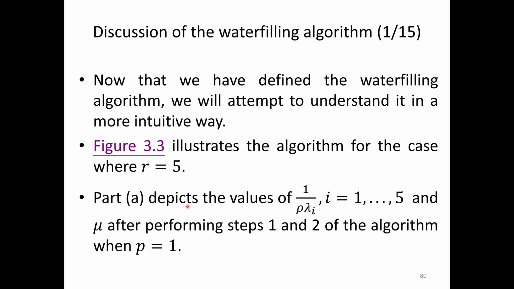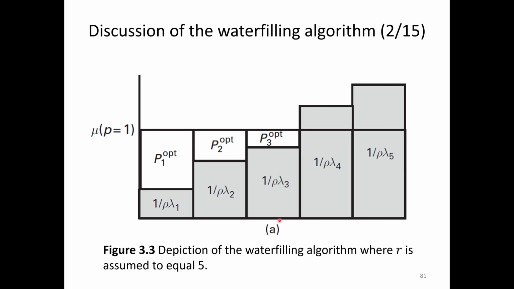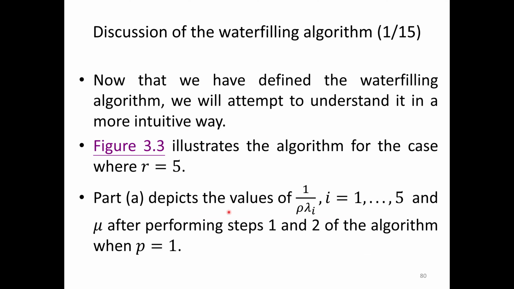Part A depicts the values of 1 over rho times lambda_i, where i is equal to 1 to 5, and mu after performing steps 1 and 2 of the algorithm when P is equal to 1.